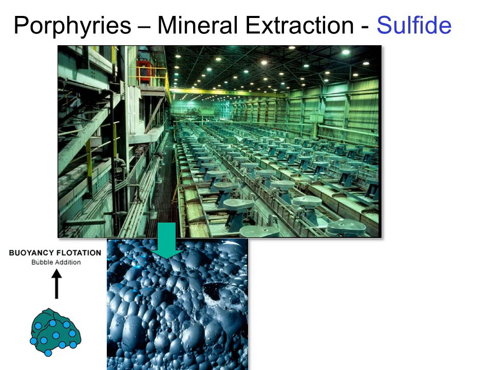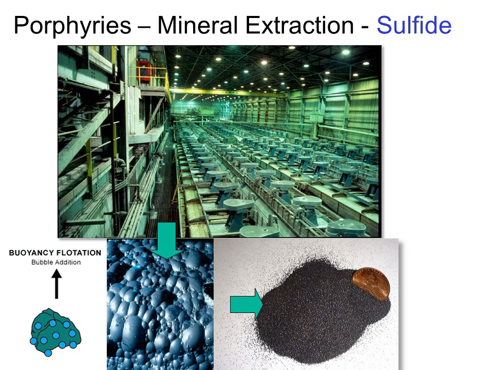The flotation agent preferably sticks to the sulfide minerals rather than the waste minerals, and then air is bubbled through the mixture and the flotation agent traps the fine bubbles which carry the sulfides to the surface of the cell, where they are carried over a weir and separated. From there they are dried to provide a concentrate, which then goes on to a smelter. This is the same process for both copper and molybdenum porphyries.